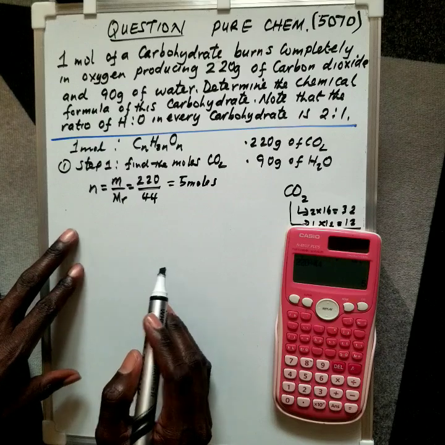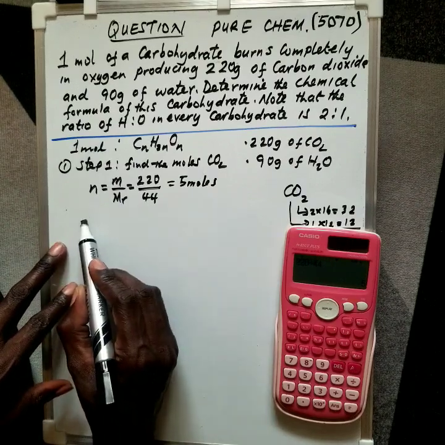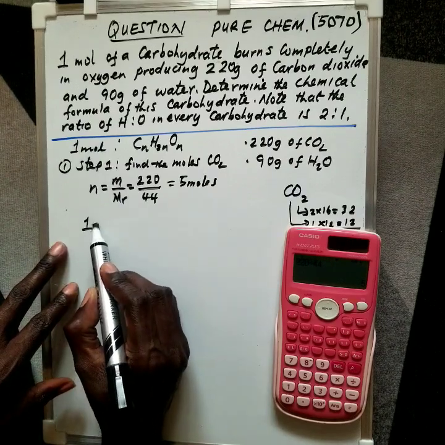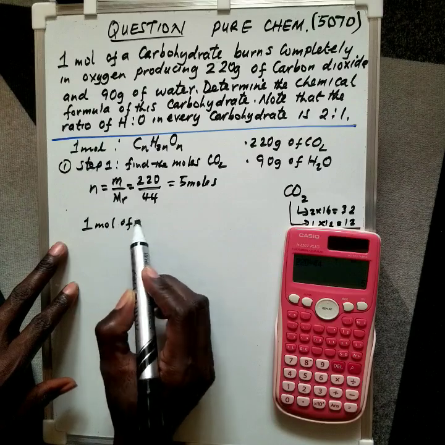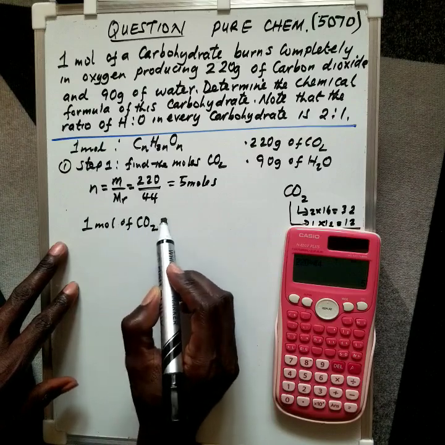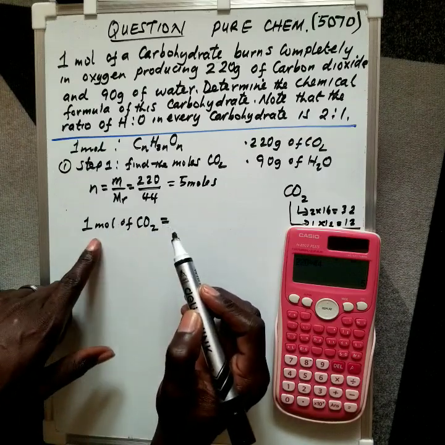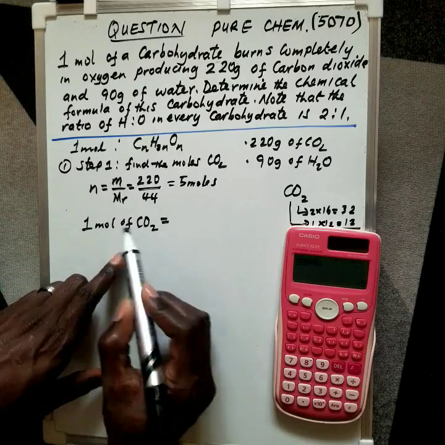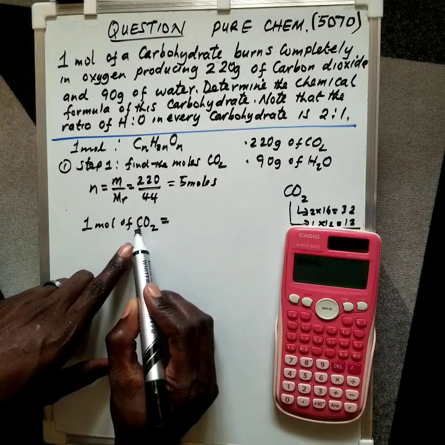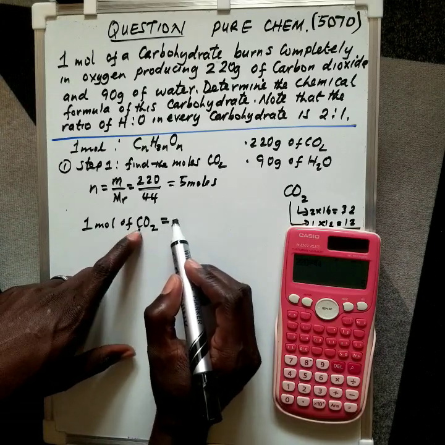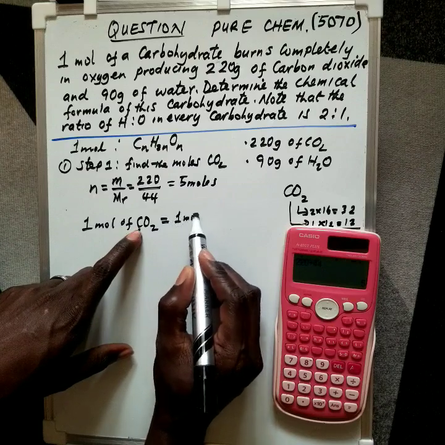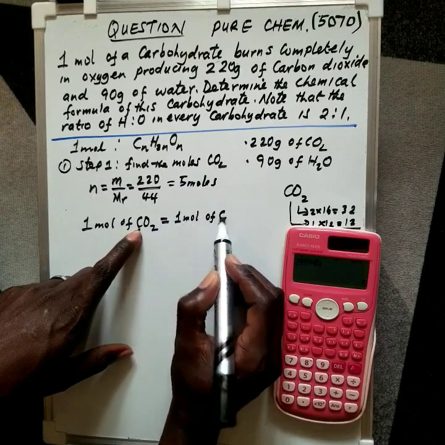Now what we are going to do is very simple. From the formula, 1 mole of carbon dioxide contains only 1 mole of carbon.